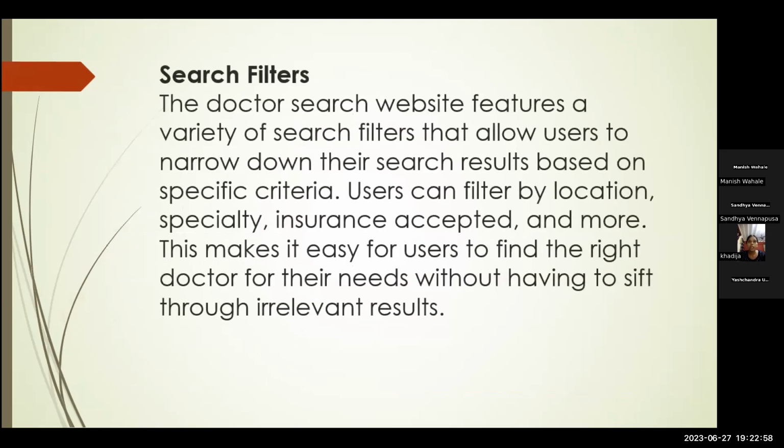This search filter helps the user to search through the category and browse whatever doctor they are looking for.